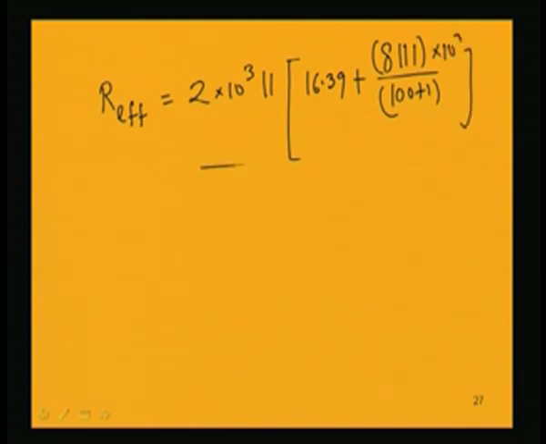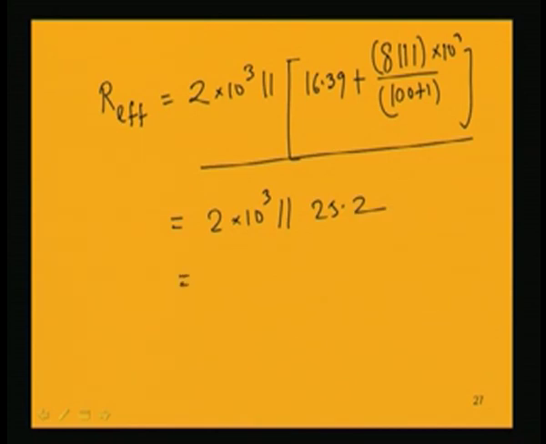If we do this calculation, you can check this calculation and verify, this will be equal to finally 2 into 10 to the power 3 parallel, the whole value of the right hand side of this parallel will be 25.2 ohm.